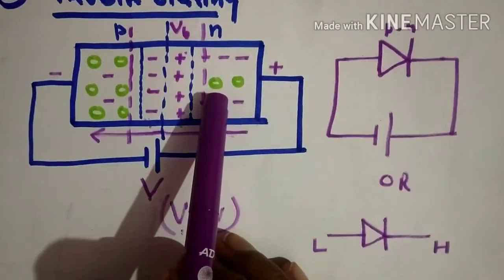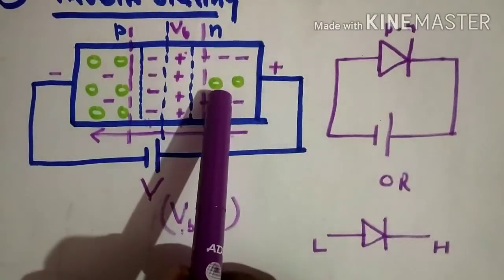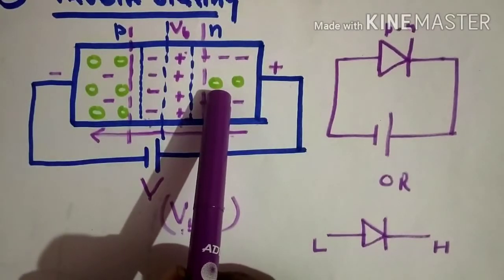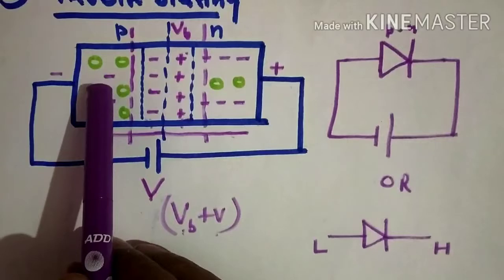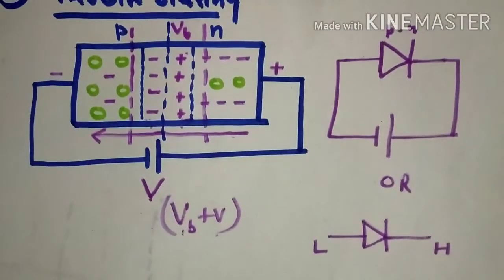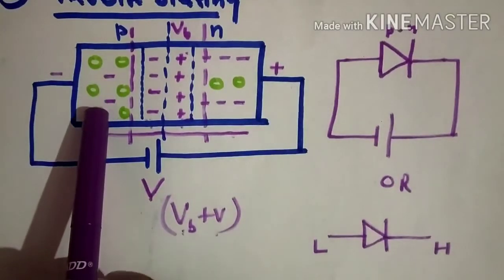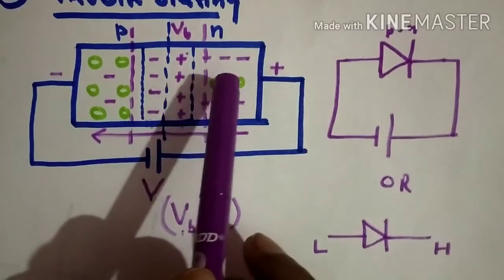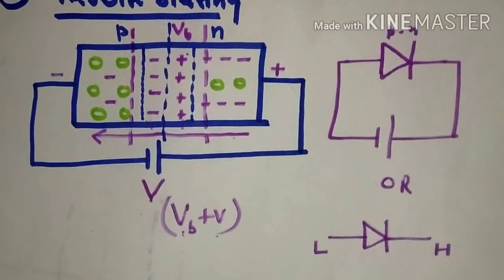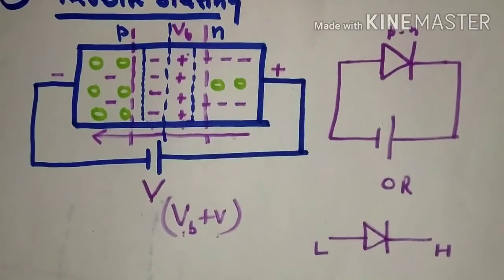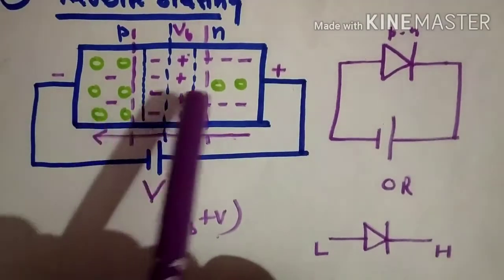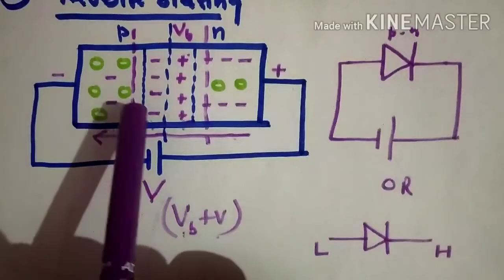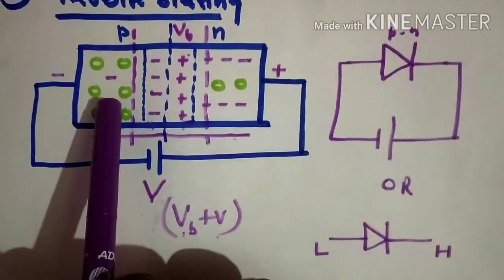Minority current carrier holes from the N region cross the junction and move into the P region, and electrons, the minority current carriers in the P region, cross the junction and reach the N region. Thus a very small amount of current is developed because of the movement of these minority current carriers.